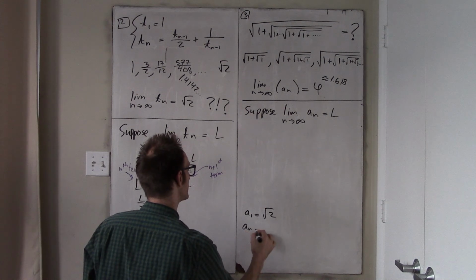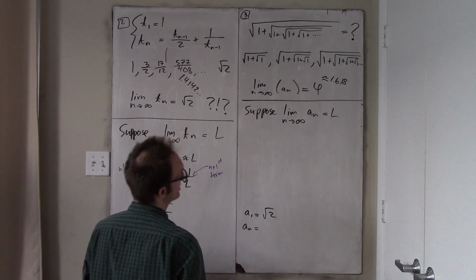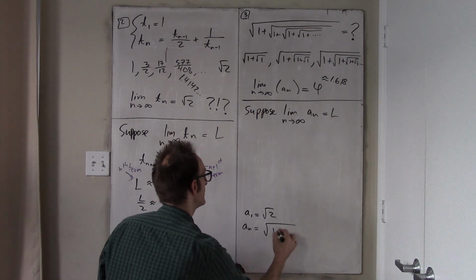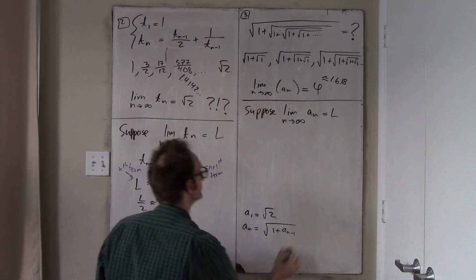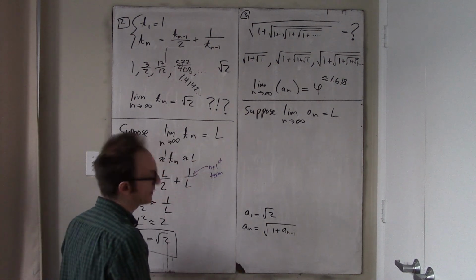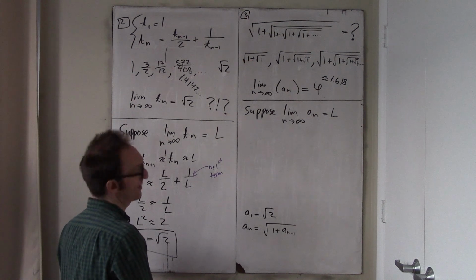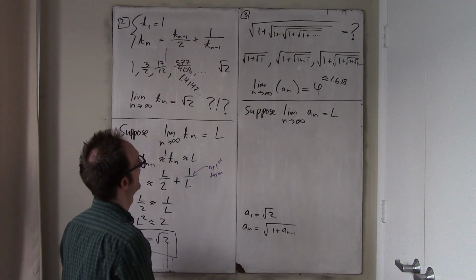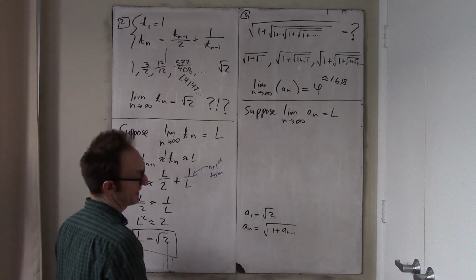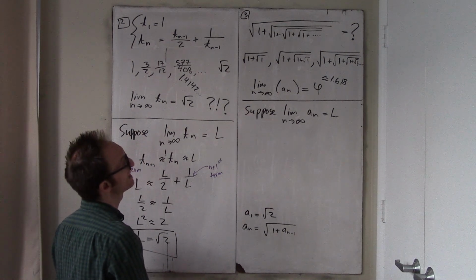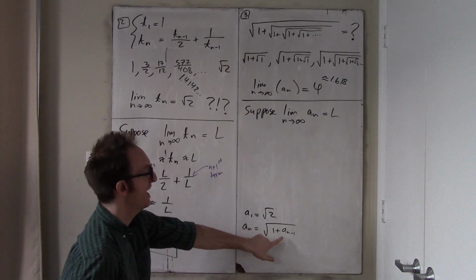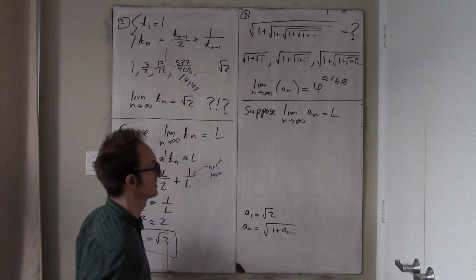But the nth term of the sequence is just the square root of 1 plus the previous term. So here is a recursive rule for generating one term from the next. You just take the previous term and you wrap it in a root 1 plus type situation.